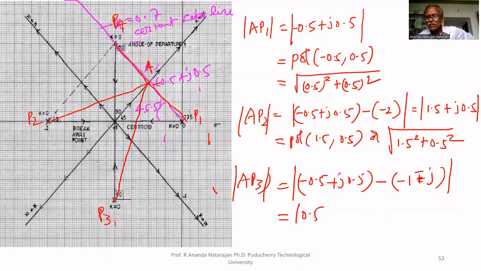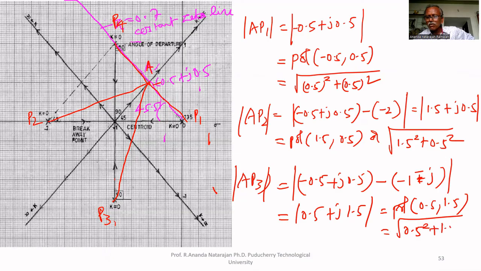This is plus j 0.5, and with the minus j it also becomes plus j, therefore plus j 1.5. That is equal to the polar magnitude of 0.5 comma 1.5, or you can find the square root of 0.5 square plus 1.5 square. That way you can find.